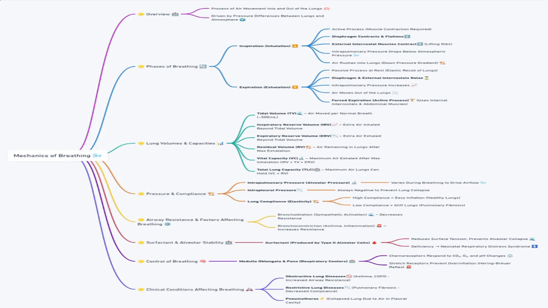So in normal respiration, inspiration is active and expiration is passive. The most important inspiratory muscle is the diaphragm, and the most important expiratory muscle is the abdominal recti. The fibers in the lung and surface tension are responsible for the elastic property of the lungs, and the negative intrapleural pressure keeps the lungs open and prevents the chest wall from expanding.